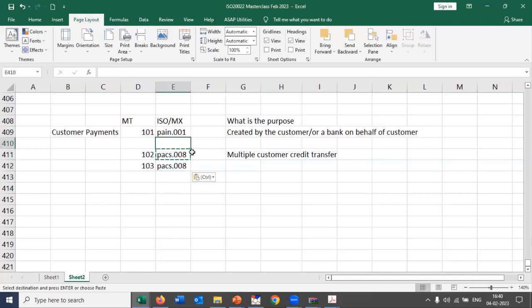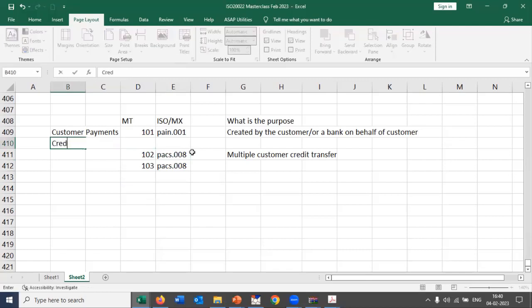All these message types which we are seeing so far are the credit transfer message types. So I got pain.001 and pacs.008 as the main message types in ISO. Equivalent in MT is 101 and 102. Then let me call this credit transfers. I will have customer payments, but direct debits.